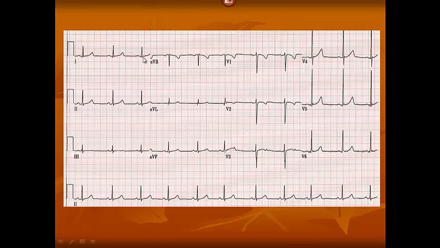So if this thick line is 50 and you know more or less that there are 2 tiny little boxes between the 50 and the R, then you do 50, 54, 58, and that's your approximate heart rate.